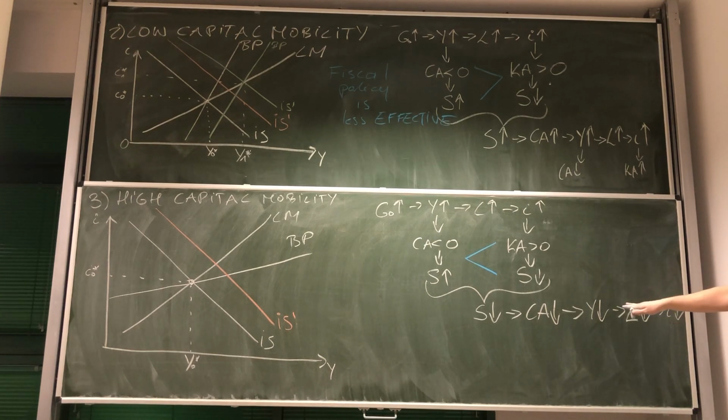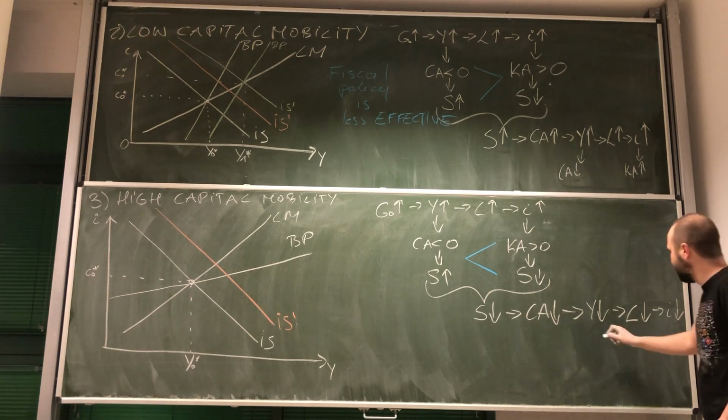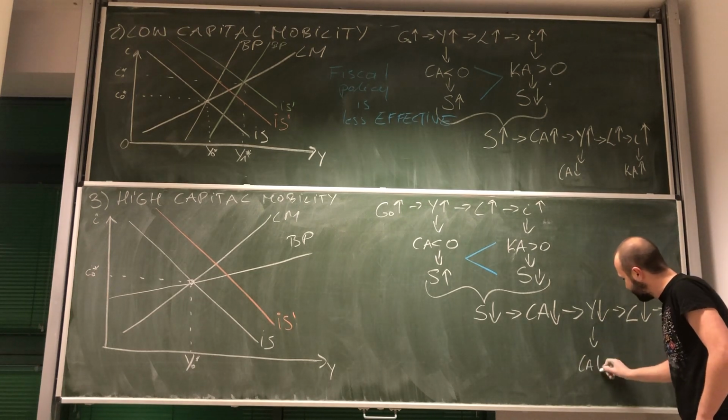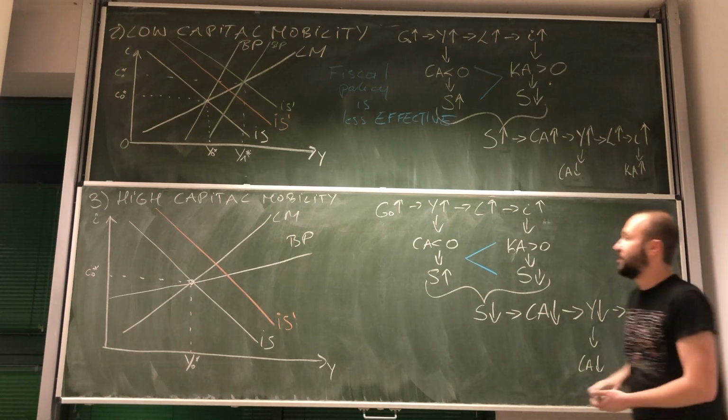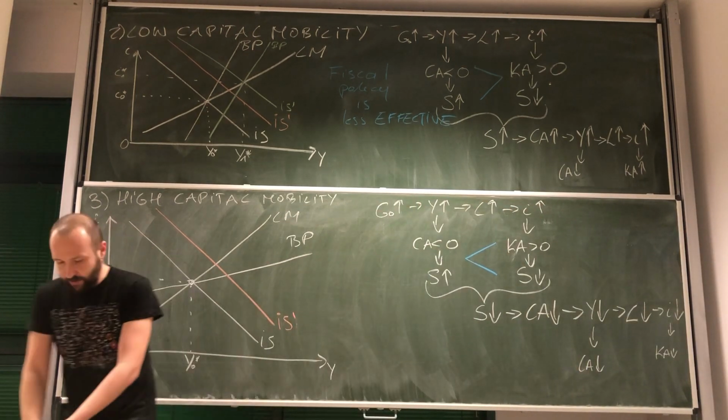So current account here goes actually further into deficit, while capital account worsens, right? Okay, how would we see this on the graph?